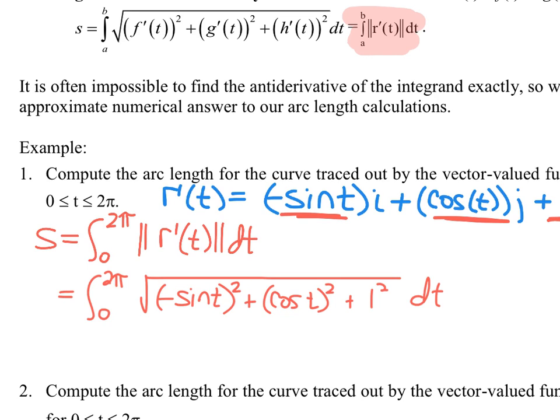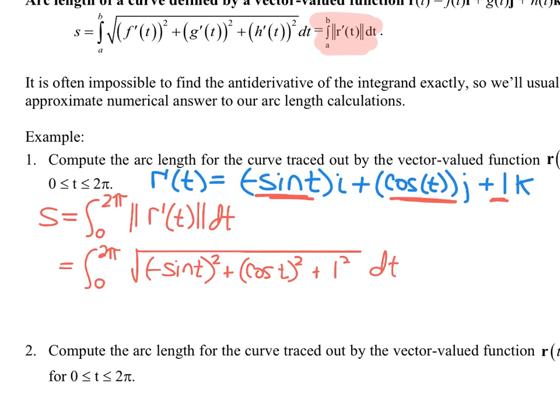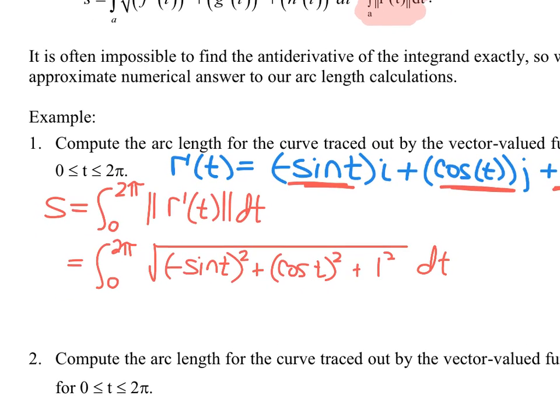Now you could just pop this in your calculator, but this is one of those rare instances where doing it by hand is actually quicker than even typing it into your calculator. That's because sine squared plus cosine squared is equal to what? 1. So under the radical, I have a 1 plus 1, which is 2. So this is the integral from 0 to 2 pi of radical 2 dt.